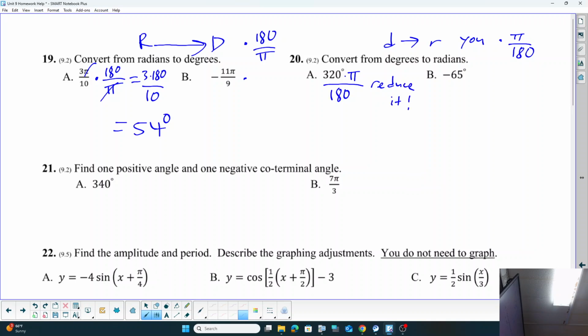Divide by 10, divide by 10, we get 32 over 18. Divide by 2, we get 16 pi over 9 is our answer. Nice, nice.